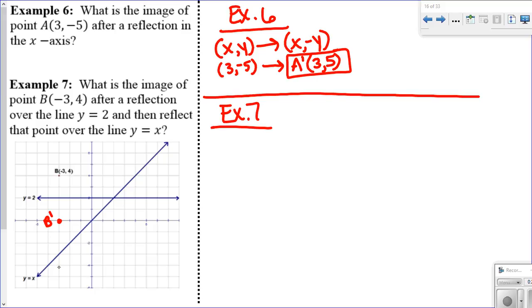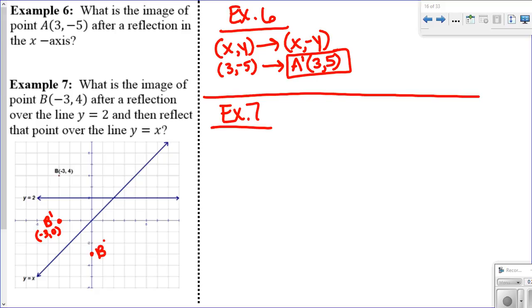Okay. Then we're reflecting this point B prime over the y = x. Well, B prime is at (-3, 0). So remember when you reflect over the y = x line, what do we do with those coordinates? Right, we switch them, so that should be at (0, -3).